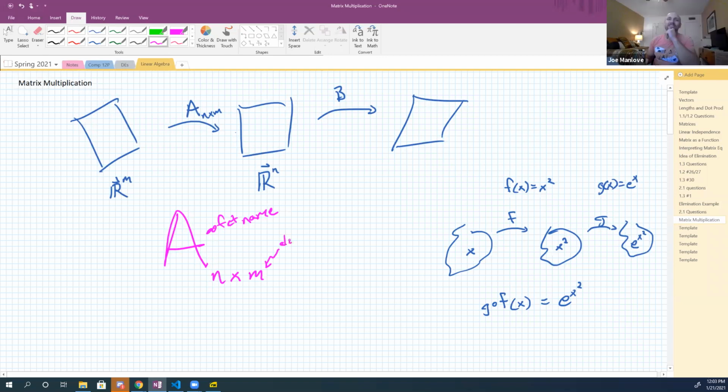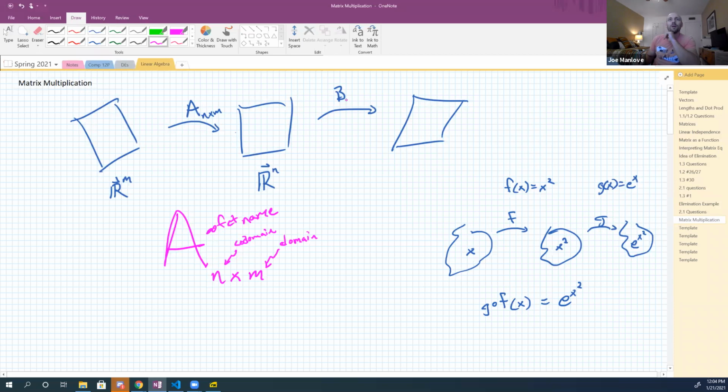So this is the domain of A. And then this is the, well, range is a poor word here. I'm going to use the word codomain, and we'll talk about why later. You can think about it as a range for right now. There's a subtle distinction there, but for right now, I don't want to completely overwhelm you.